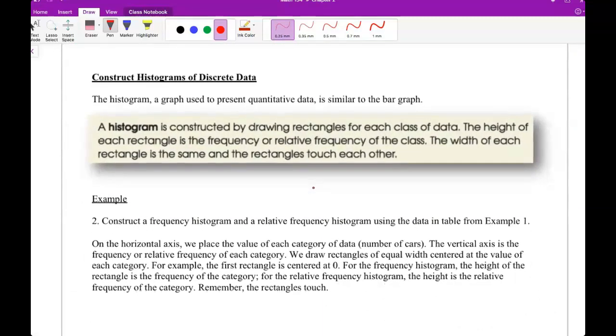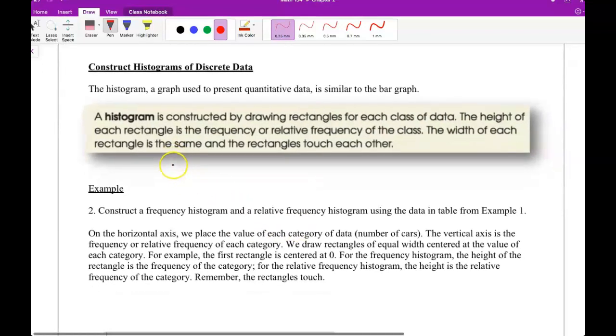Okay, now next page, construct a histogram of discrete data. A histogram is constructed by drawing rectangles, one for each class of data. The height of each rectangle is the frequency or relative frequency, depending on what is asked.